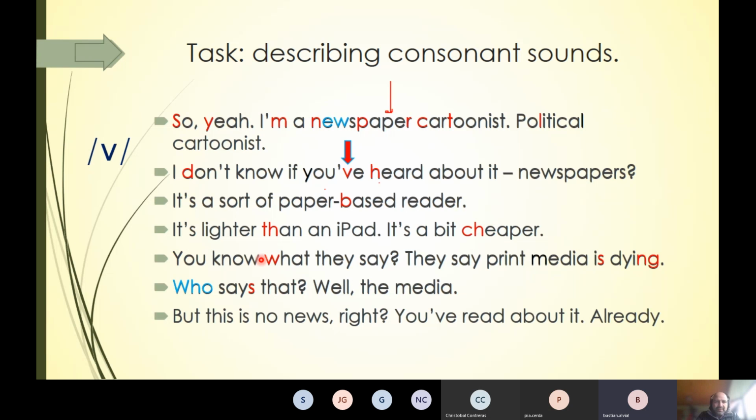No vibration in the vocal cords. No vibration, right, exactly. What about this one? Is it voiced? Voiceless.